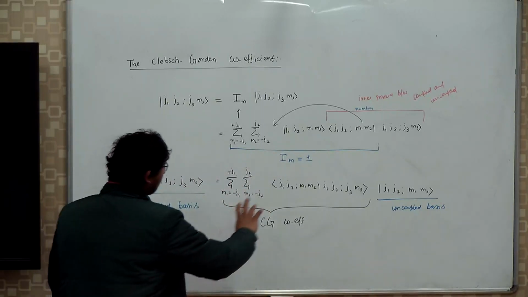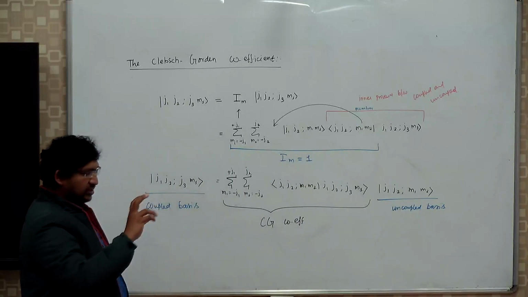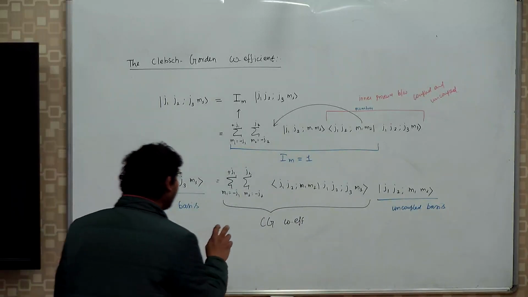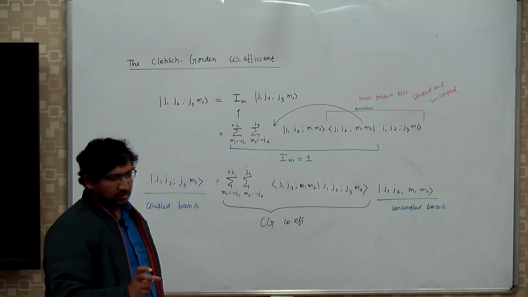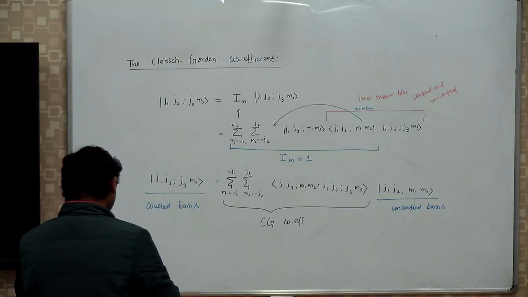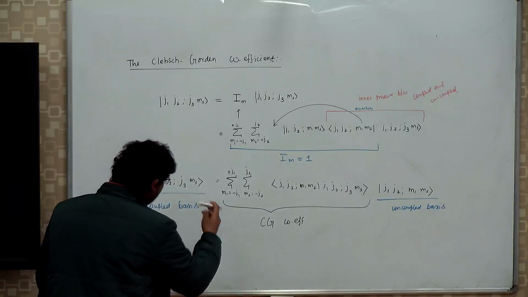The transformation coefficient is in the form of a square matrix, and we call that matrix a unitary transformation.